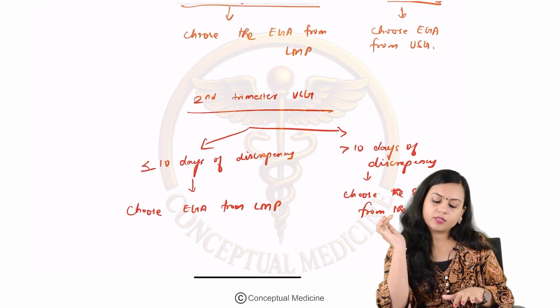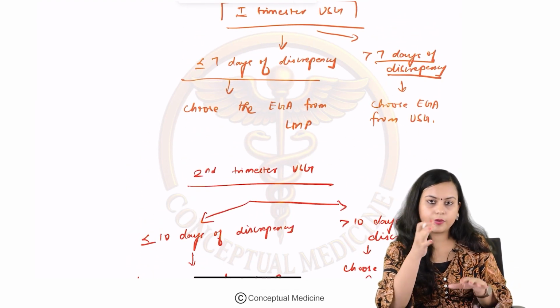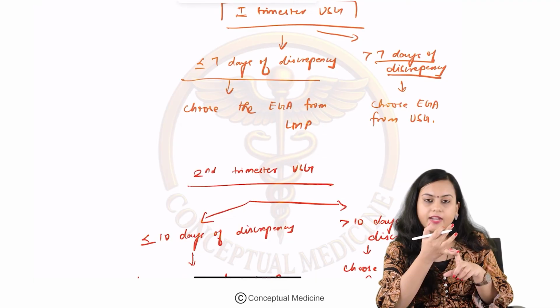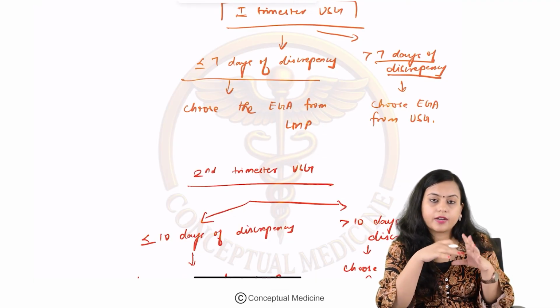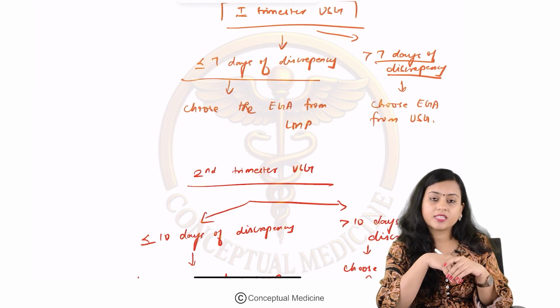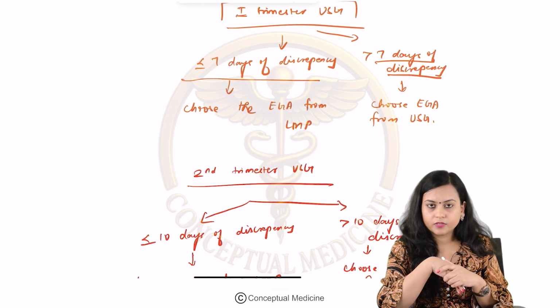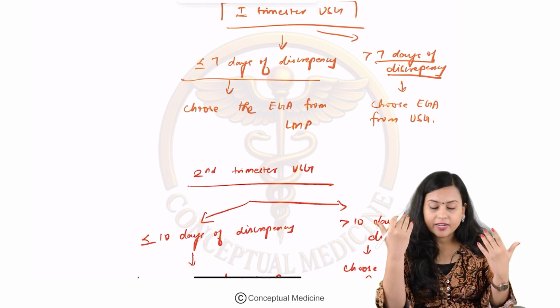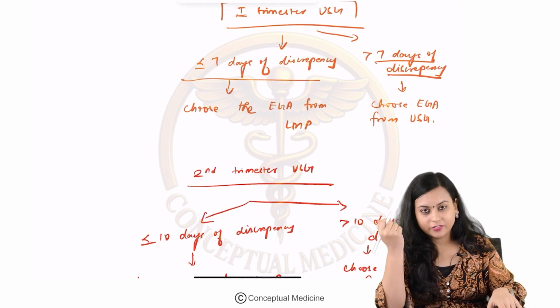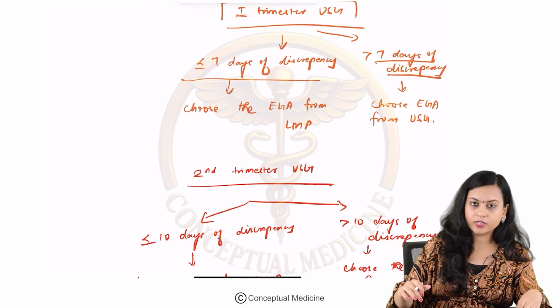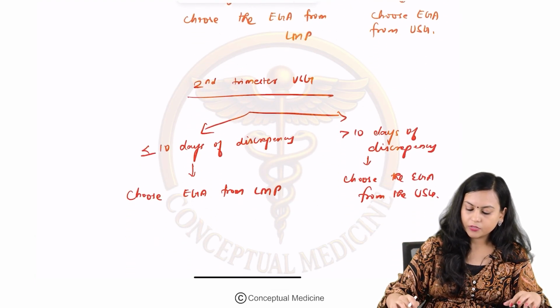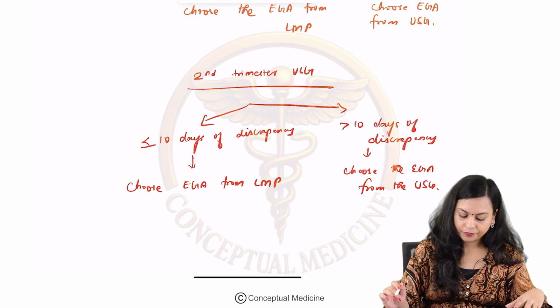So, this is done because most women do not remember their LMP and they don't come for immediate clinical evaluation and follow-up once their pregnancy is confirmed. Okay. Sometimes they may come to you directly in the second trimester or even the third trimester. So, that is the problem. That is why estimating a gestational age is quite difficult. Okay. So, you have to keep all these criteria in mind.